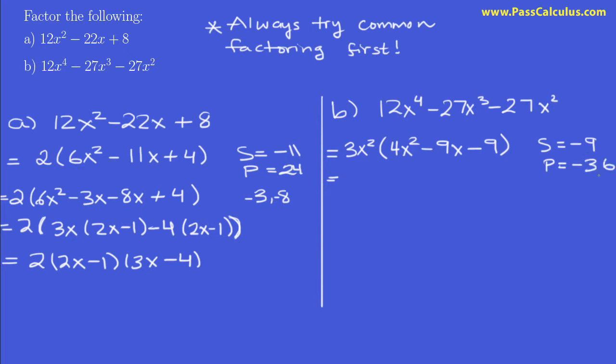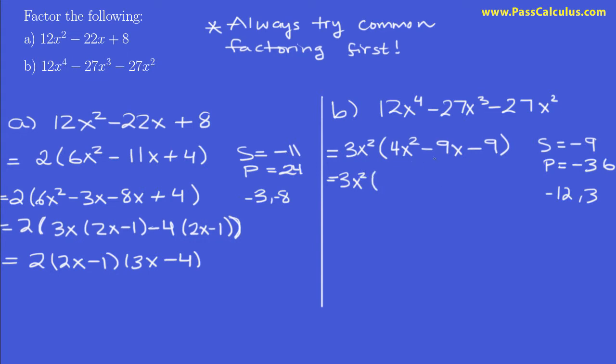What two numbers have a product of negative 36 and a sum of negative 9? I think we can use 12 and 3. We'll make the 12 negative and we'll keep the 3 positive. Let's check if that's right. Negative 12 times positive 3 is negative 36. Negative 12 plus 3 is negative 9.